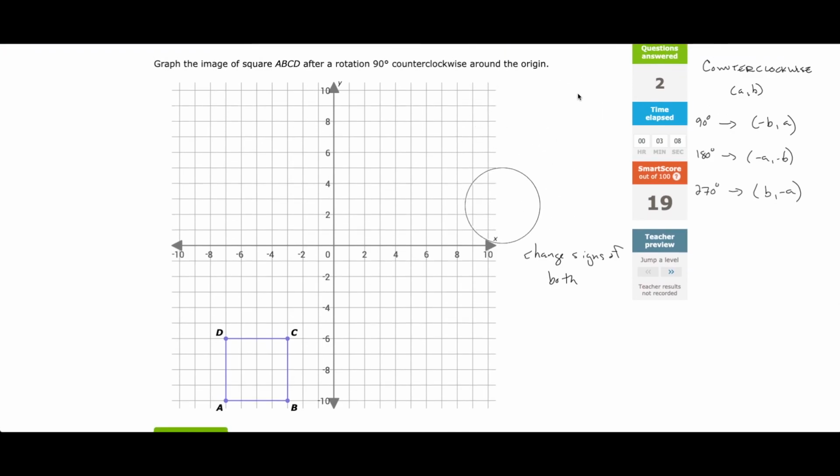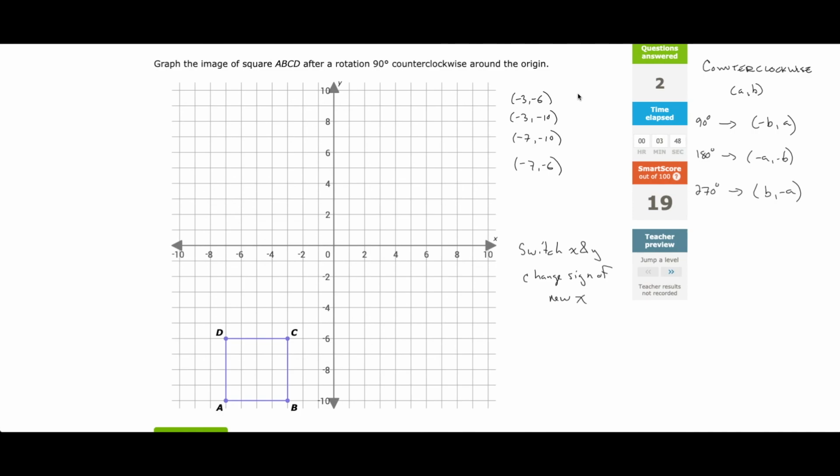All right, and then we have a 90-degree rotation here. So again, I'm going to write the coordinates. C is at -3, -6. Then we have B at -3, -10. A is at -7, -10. And D is at -7, -6. Your 90-degree counterclockwise rotation is going to switch our x and our y, and it's going to change the sign of our new x.